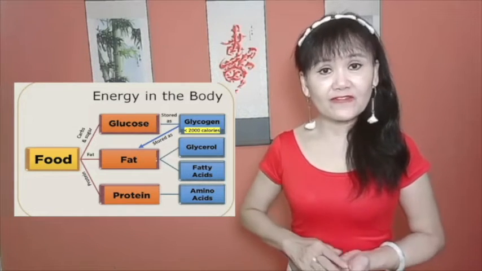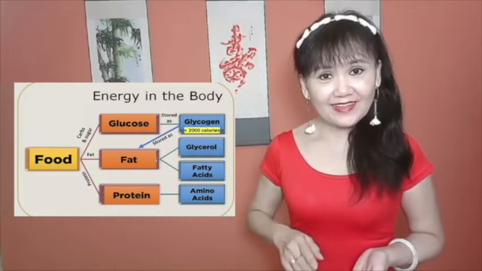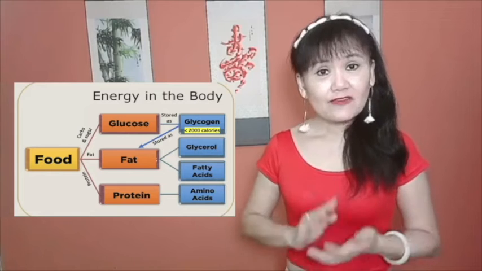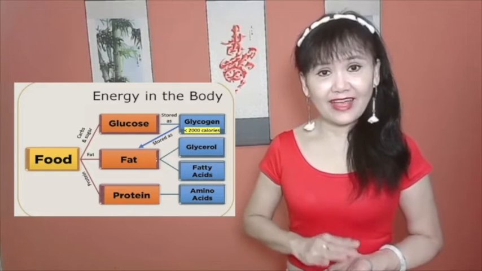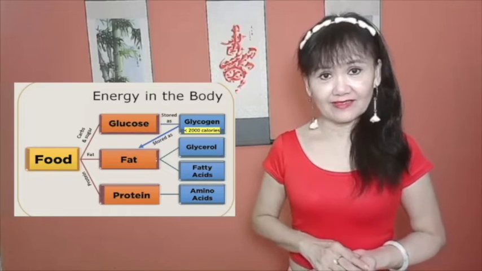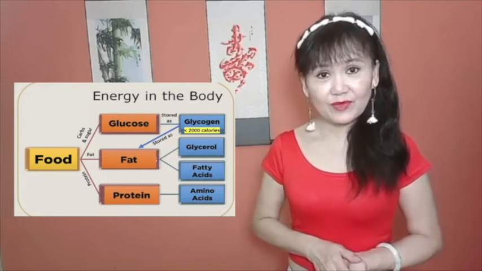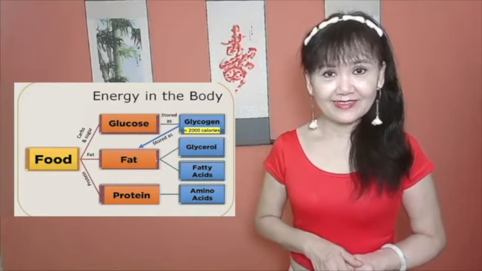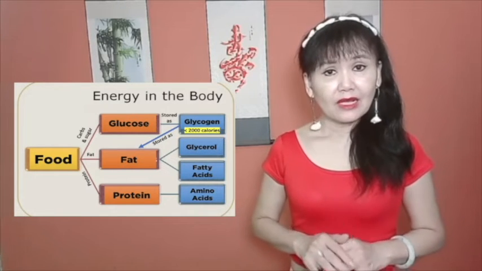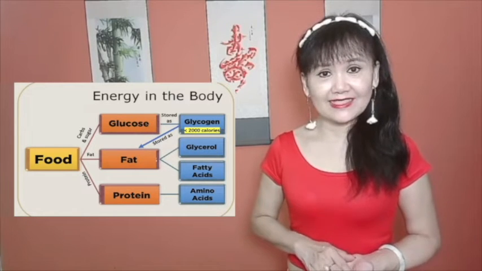The path of fat is different. When the food is fat, fat is the fuel directly. Fat does not have to convert. It is the ready fuel. Therefore, it will stay in the bloodstream or in the liver. When fat breaks down, it will break down into glycerol and fatty acids.